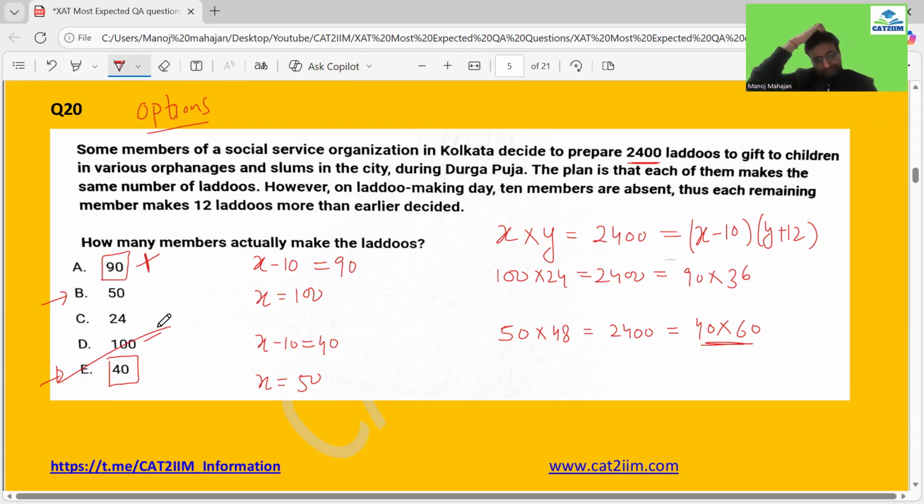So you may not be able to boil down to one answer every time. You have to go for the chance. But in the quant DI, that's not the case. You can always boil down to one answer in all the questions. So that's why I'm saying it's completely your choice whether you want to take the risk by marking the answer from two choices left out in the quant and the DI section.